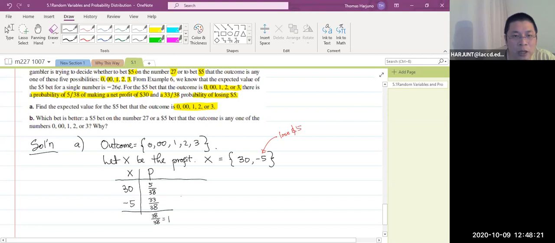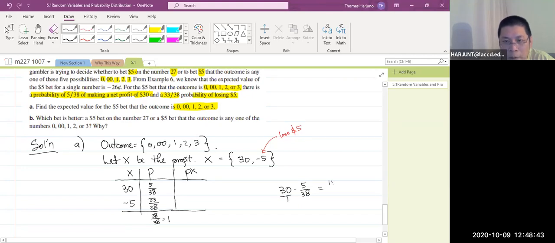Now then, what is the expected value? Multiply this. And when you multiply with fractions, I do not recommend you to change it to decimal. No, no. Just multiply it this way. You see 30 times 5 over 38, that's the same as 30 over 1 times 5 over 38.